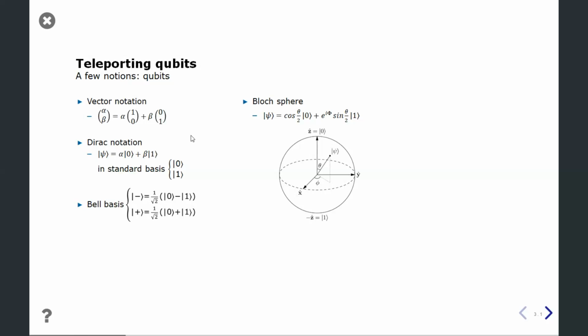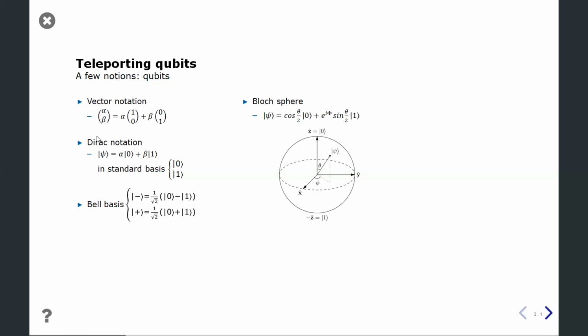And there is an easy way to represent a single qubit system on a sphere, which is the Bloch sphere, where we can simplify this notation. Remember, alpha and beta are complex numbers.